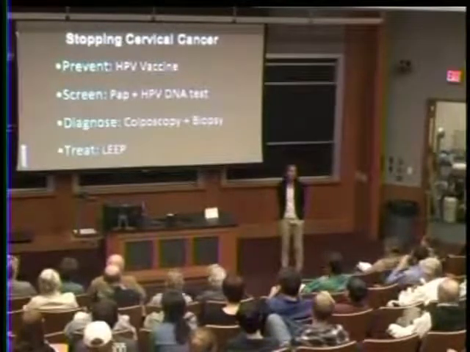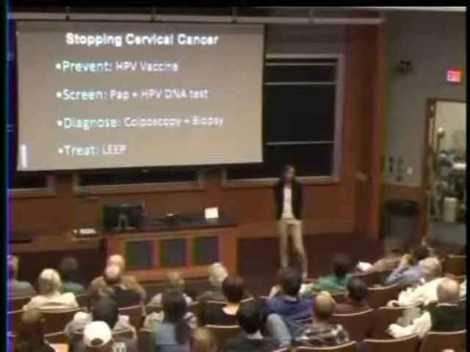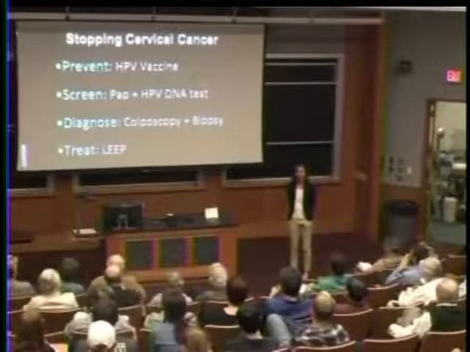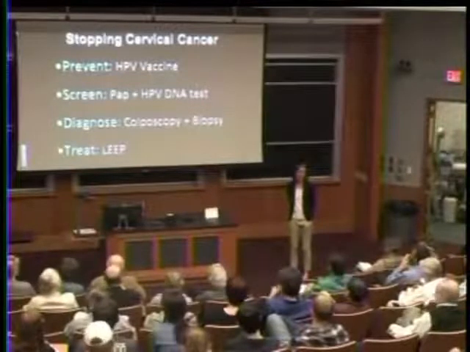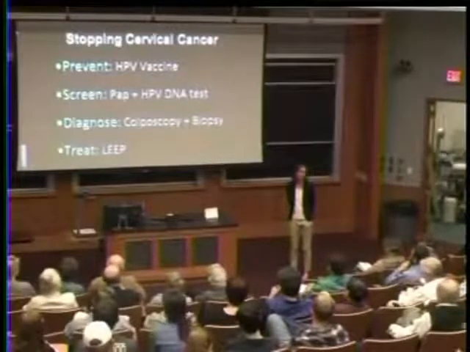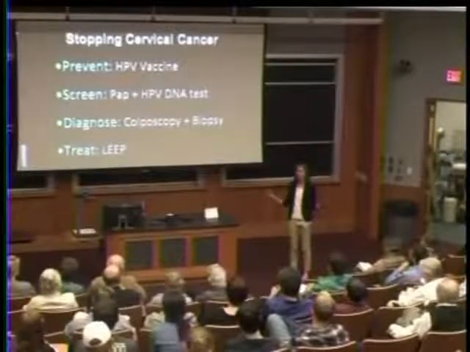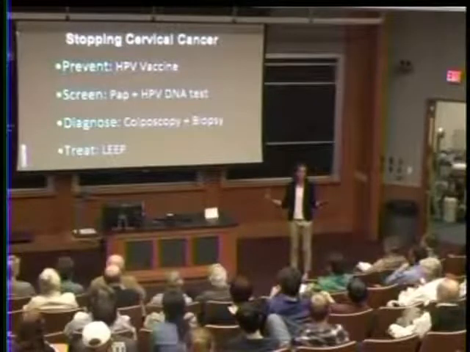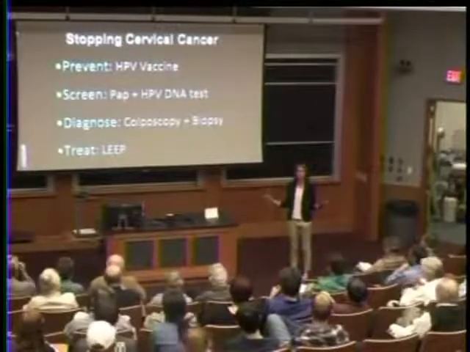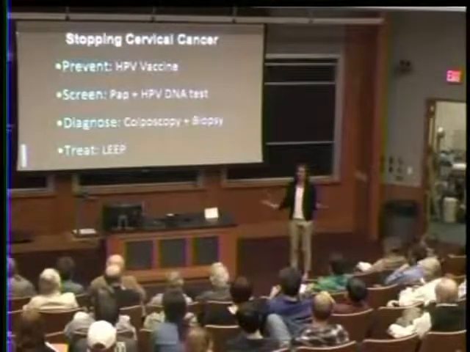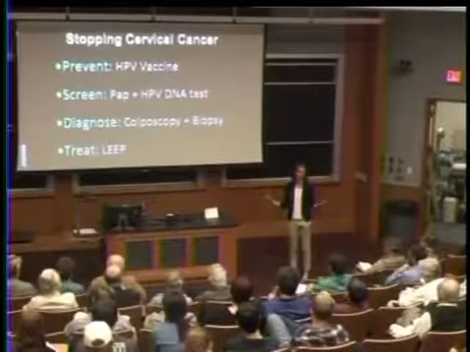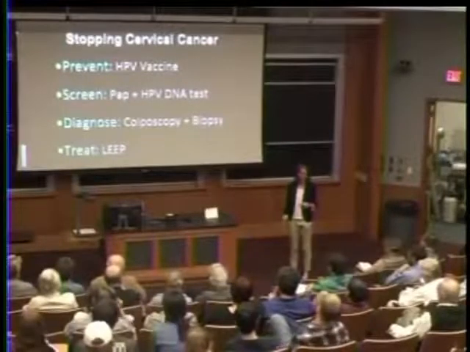We can diagnose pre-cancerous lesions on the cervix using colposcopy and biopsy, and we can treat those precancerous lesions using an outpatient therapy called LEEP. In some ways, cervical cancer is the most preventable cancer. And if we cannot do this for cervical cancer, we don't have a lot of hope of preventing other cancers. So why is this still such a challenge?